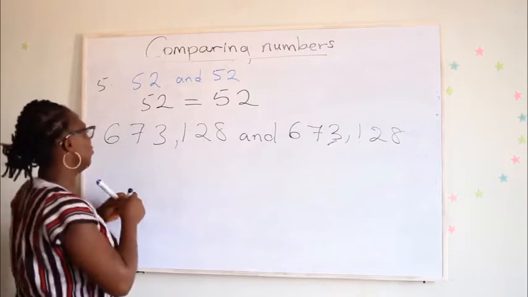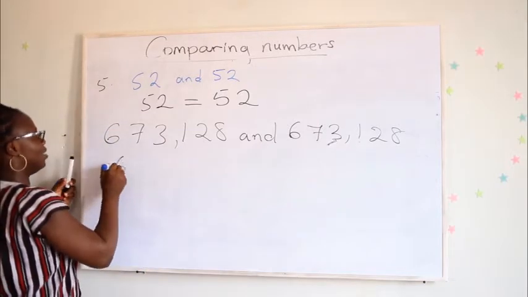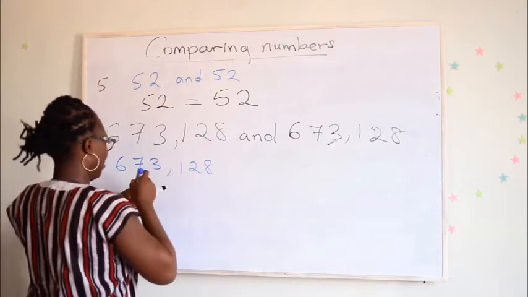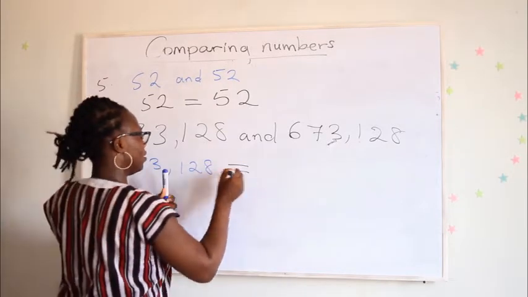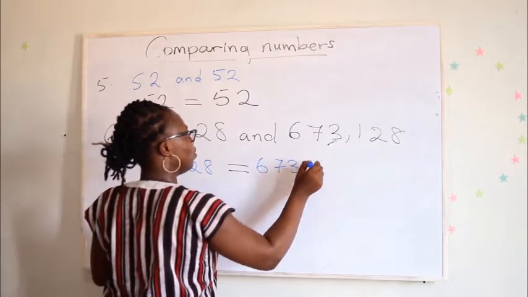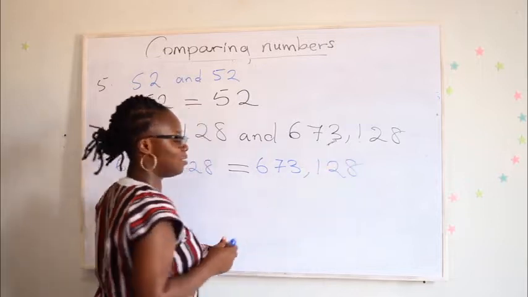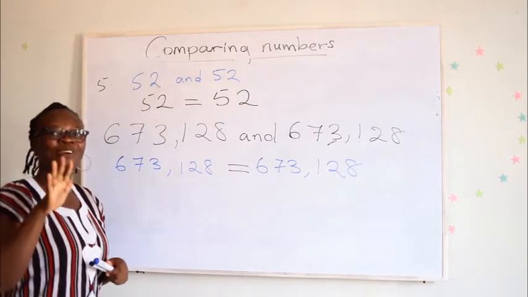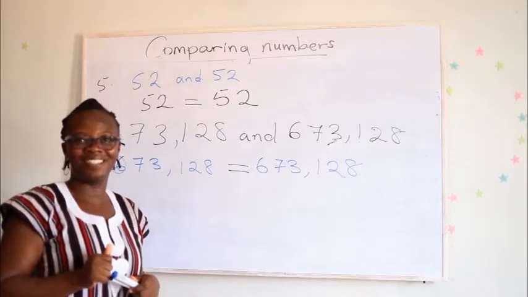They are the same. So this is equal to that. 673,128 will be equal to this, which is 673,128. This will be all on comparing numbers.